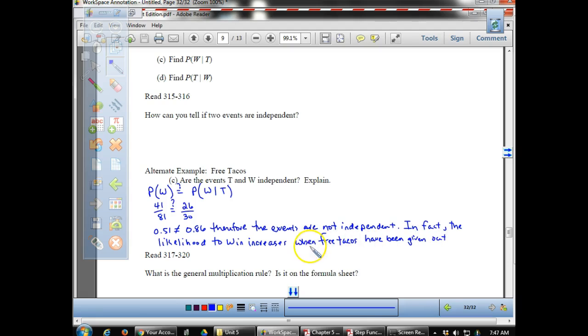And really, we could replace "when free tacos have been given out" with "6 or more runs have been scored," because that's really the driving force behind that. Okay, so that's the test for independence.